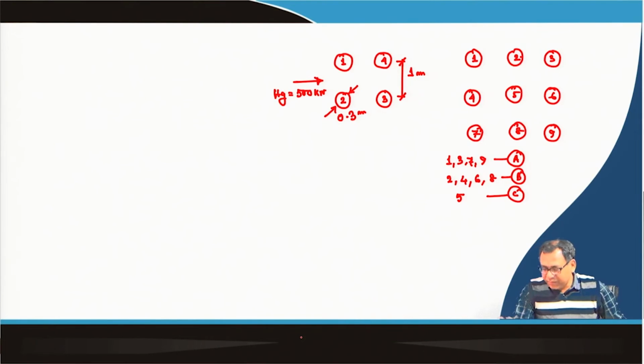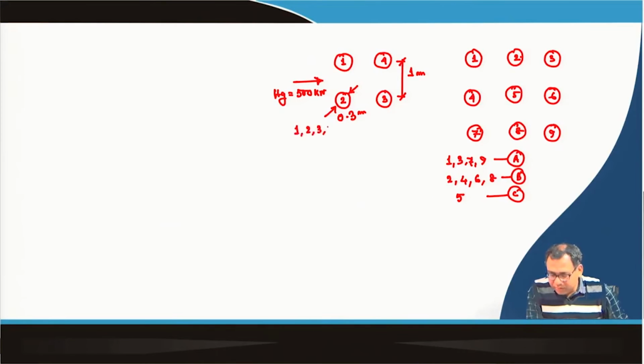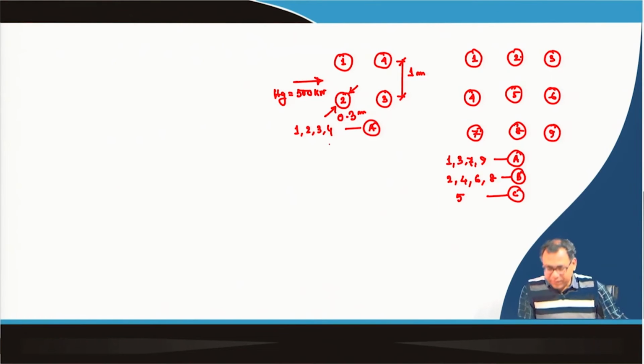So, for this type of 9 pile group, you have to make groups of similar types of pile. But here all 1, 2, 3, 4 are in one group, because they are all the same type of piles. Suppose I am solving this type of problem.